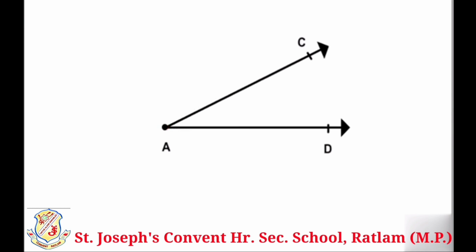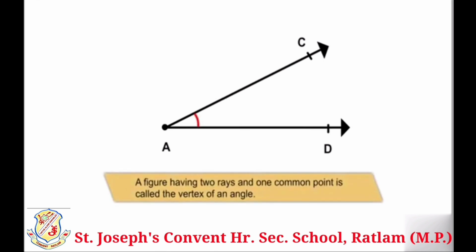Now, let's plot a point here, and if we draw 2 rays from the same point in different directions, then we get an angle. So, we can say a figure having 2 rays and one common point, which is called the vertex, is an angle.